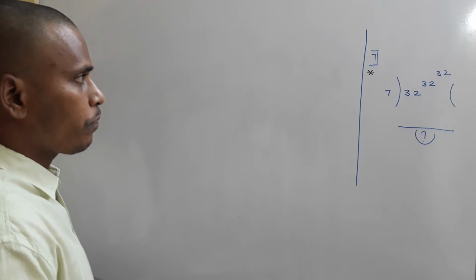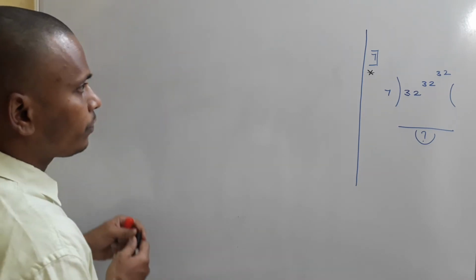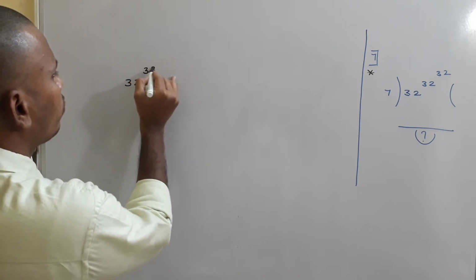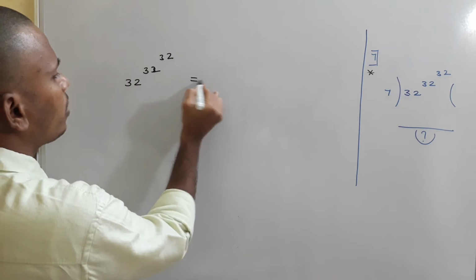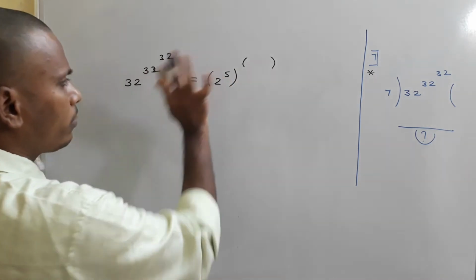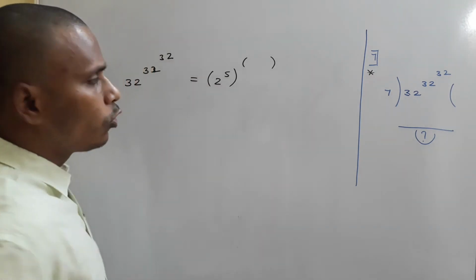We know that 32 is actually 2 power 5. So 32 power 32 power 32 equals 2 power 5 power something, actually.